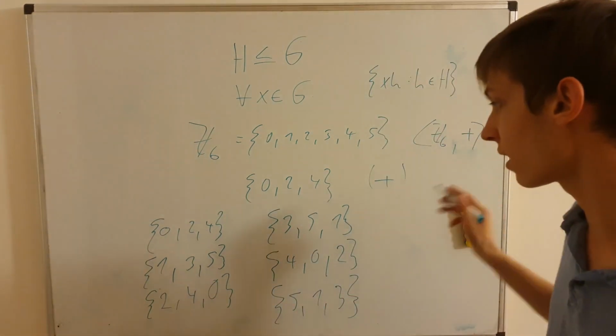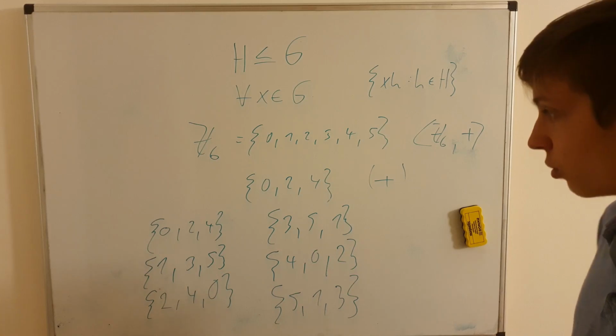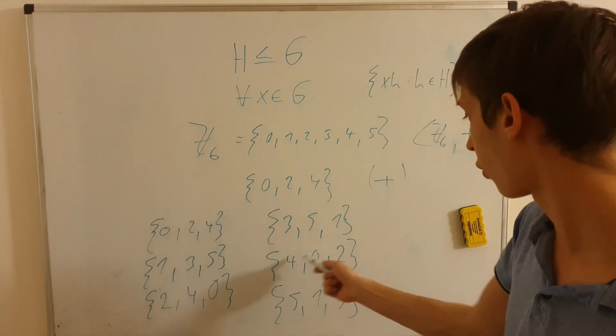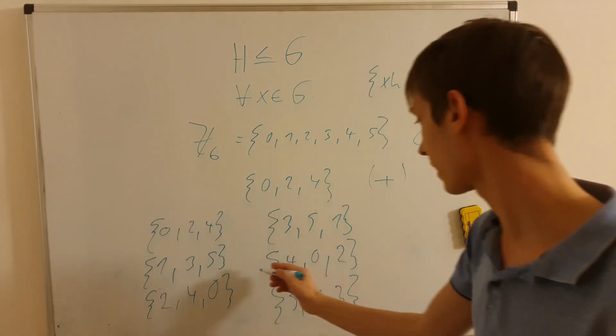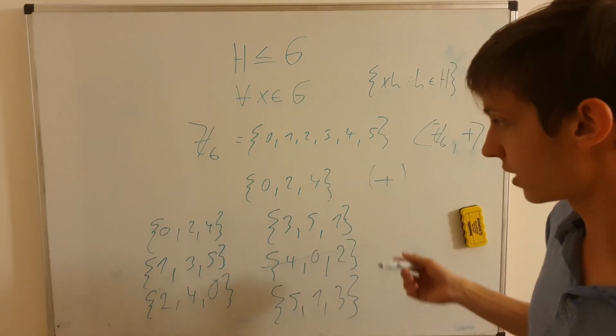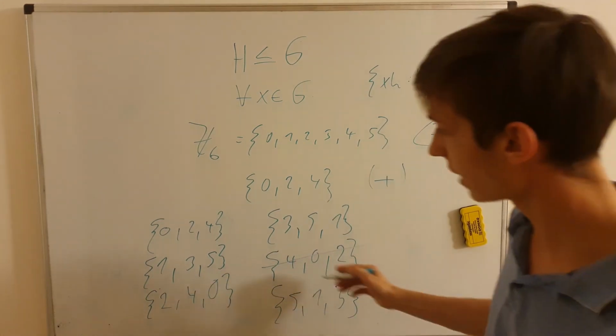First of all, we can eliminate those that are repeated. So 0, 2, 4 and 4, 2 are the same. So I can just disregard one of them because I see they're the same.